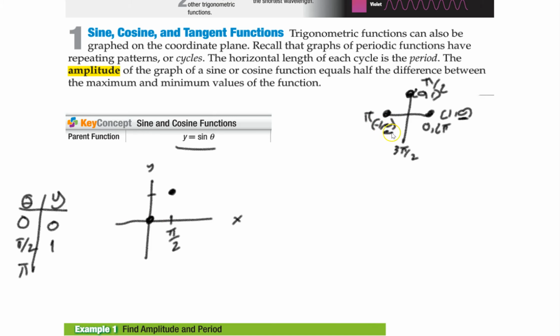Sine is a y value, so sine is 0 again. Then we go to 3 pi over 2, the next big one, 0, negative 1. Sine's a y value, so negative 1.